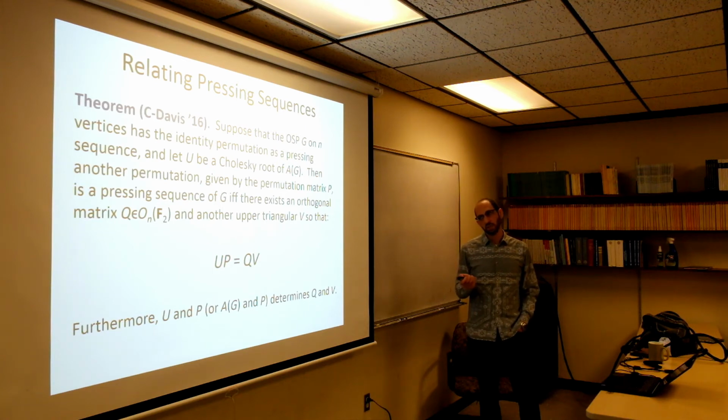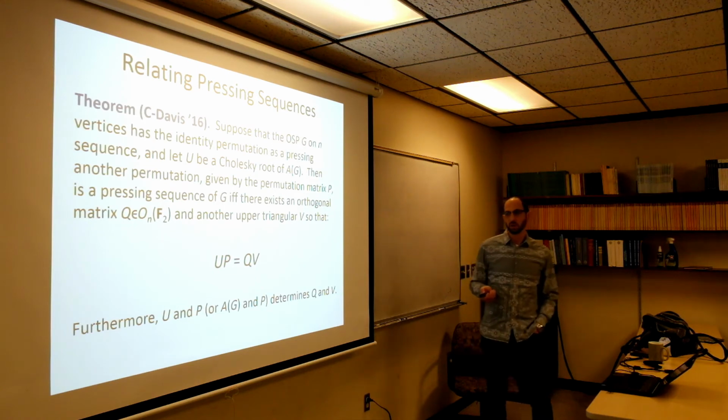The idea is that U and V are going to be your two different Cholesky roots corresponding to two different pressing sequences, and P is going to be the thing that transforms one pressing sequence into the other. Because we've assumed the identity permutation is one of them, P is the pressing sequence. That is what happens when you apply P to the identity.